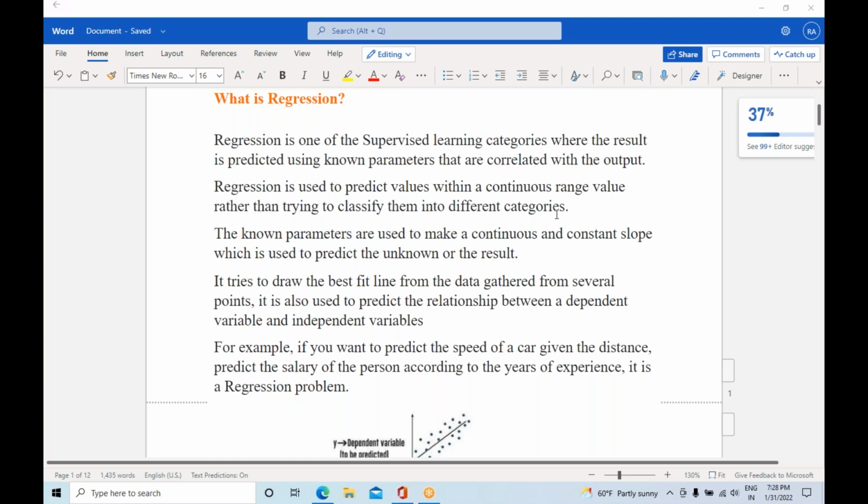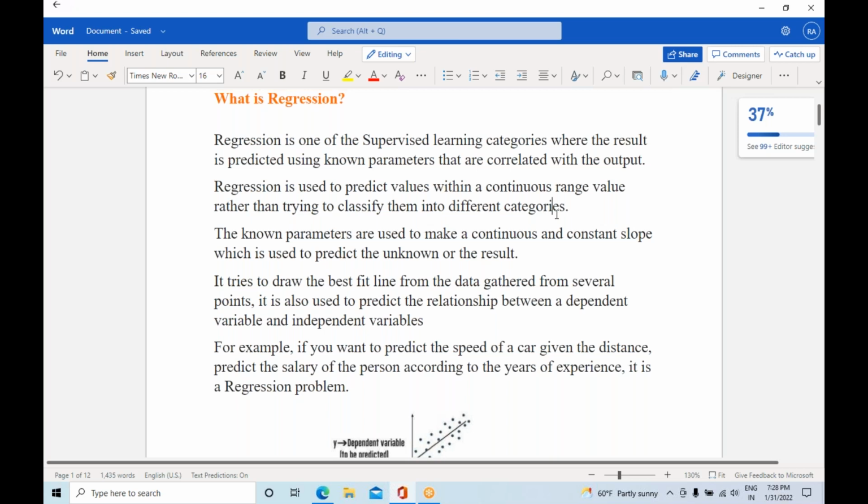For example, I just want to predict the salary of the employee based on his experience. There you have to predict the employee salary, right? So the salary is the dependent variable, and the number of years of experience should be the independent variable. It is also called a response variable or output variable. You have several names.